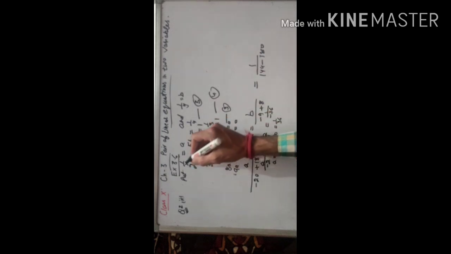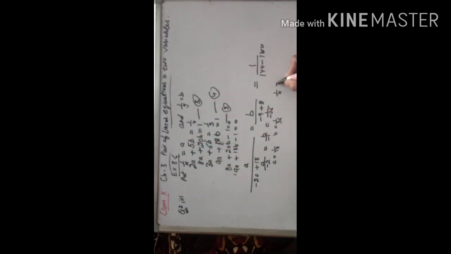Now 1 by x is 1 by 18, which implies x is equal to 18, and 1 by y is 1 by 36, which implies y is equal to 36. Now example number third part.